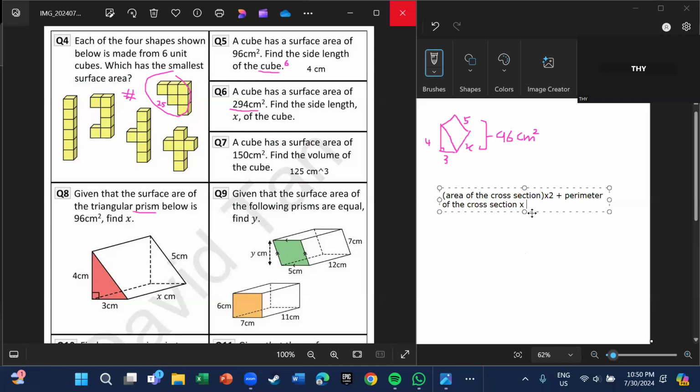So this is the formula. Really simple to remember.